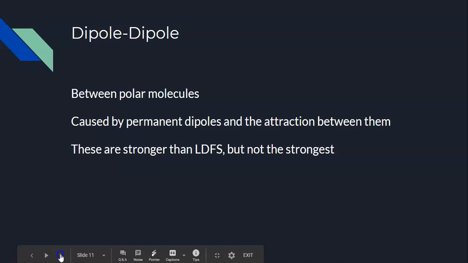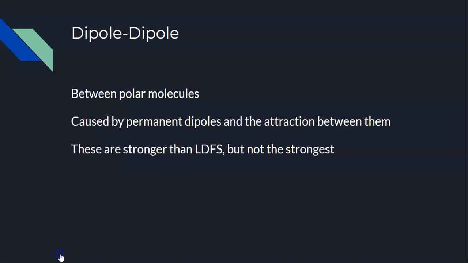Your next is you're going to have a dipole-dipole. So a dipole, again, is when your elements have a negative side and a positive side. So these are charges, and it's not from losing electrons like in ionic compounds or ionic bonding. This is just the fact that the electrons are going to be more on one side of the molecule than the other.